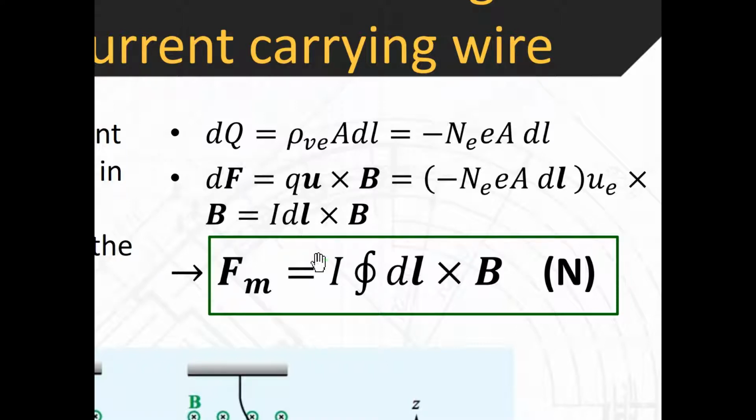The force on that segment, all right, we're only considering the force on that little segment. That's why we call it dF. F is the force on the entire wire. dF is just the force on that little segment. So dF is equal to Q times, Q is the amount of charge, that's what we just calculated, times u, the velocity, times B, the magnetic field.